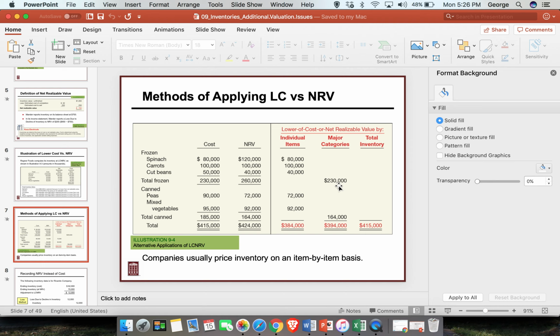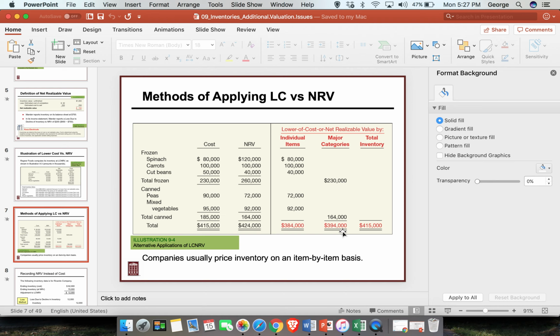Because of that, we're going to use the 164. Right? NRV is lower than the cost, so we use the 164. So the total would be 394 by major category. That would be our lower of cost or market by major categories.